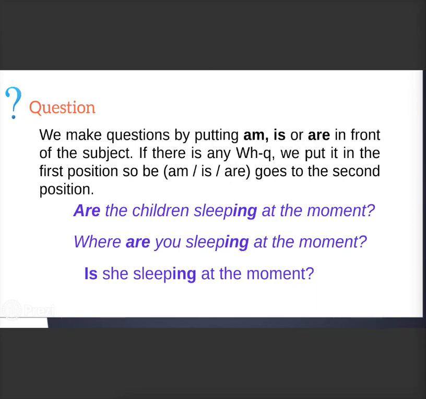Okay, my dears. So let me know, do you have questions about any question, it doesn't matter, any question about the use of present simple or present continuous? Any question about the differences between present simple and continuous?